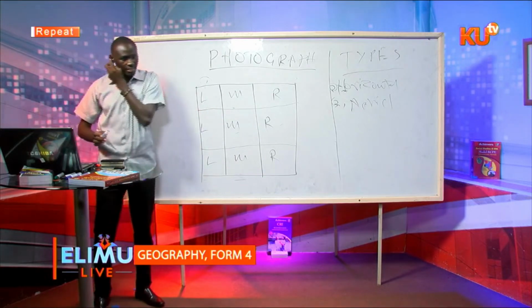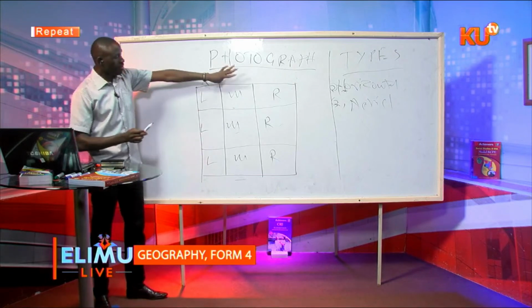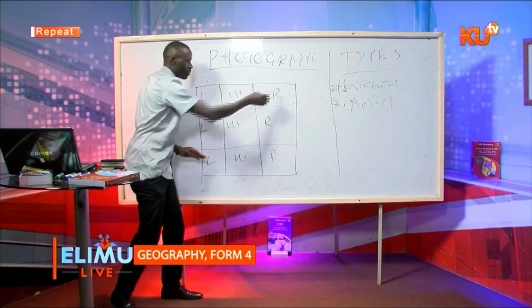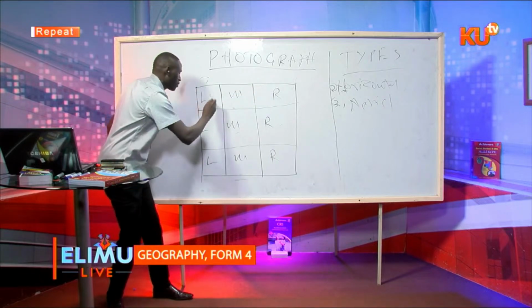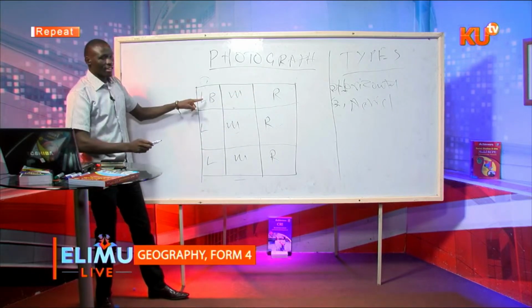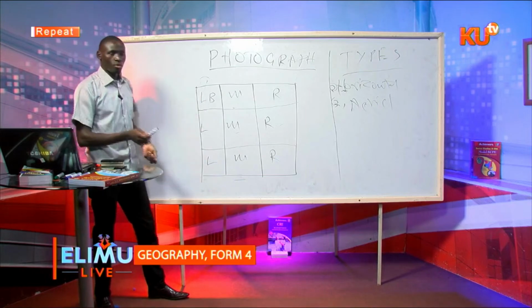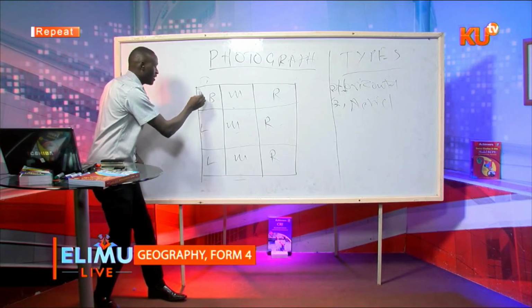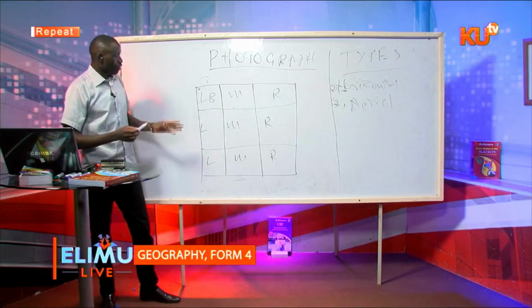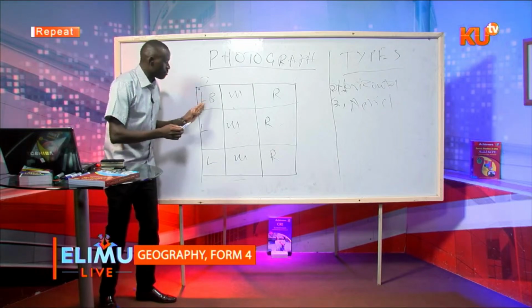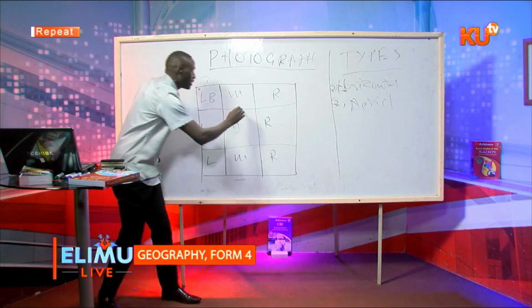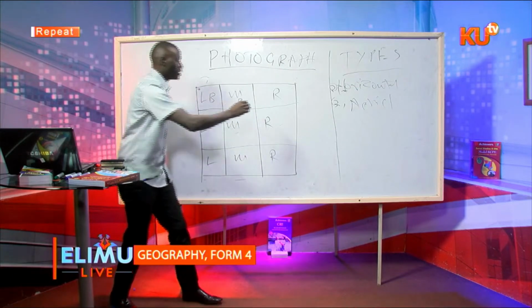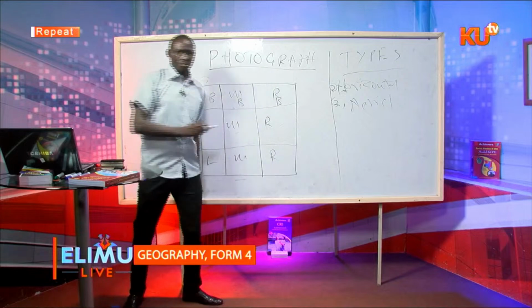Now, this is what differentiates it. On top, the first line is what we call the background. So we'll call this one left background. When you want to identify an object that has been captured here, you'll check on your left background. So the first part is left background, this one is middle background, and this one is right background.